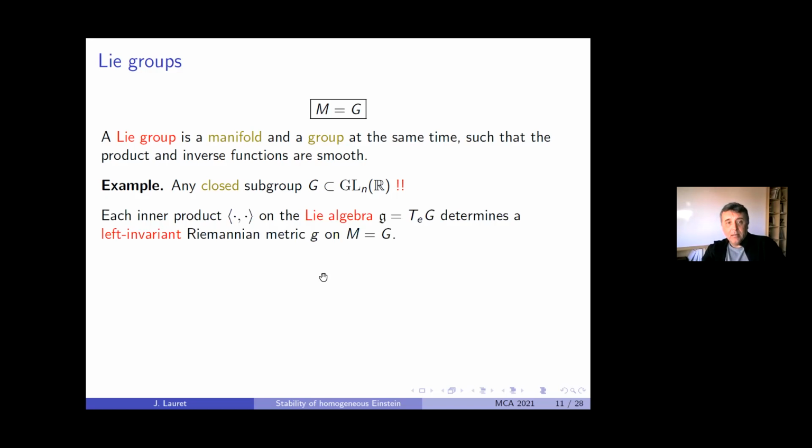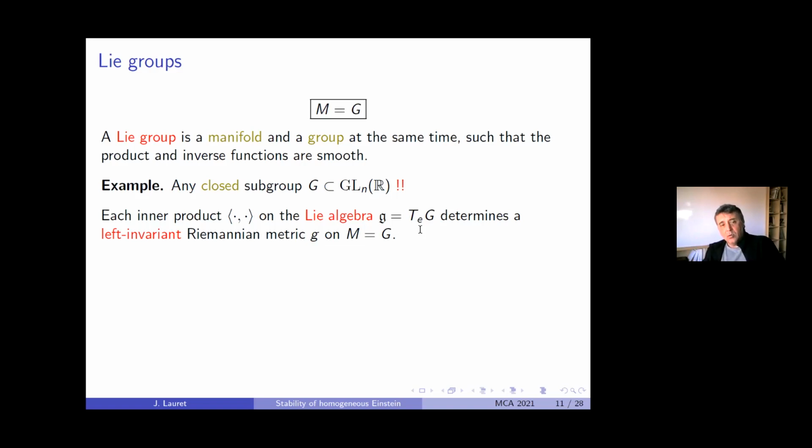And so in a Lie group, it's very easy to put a Riemannian metric, because you can take any inner product on the tangent space of the Lie group at the identity and walk it around the group G with left translations.